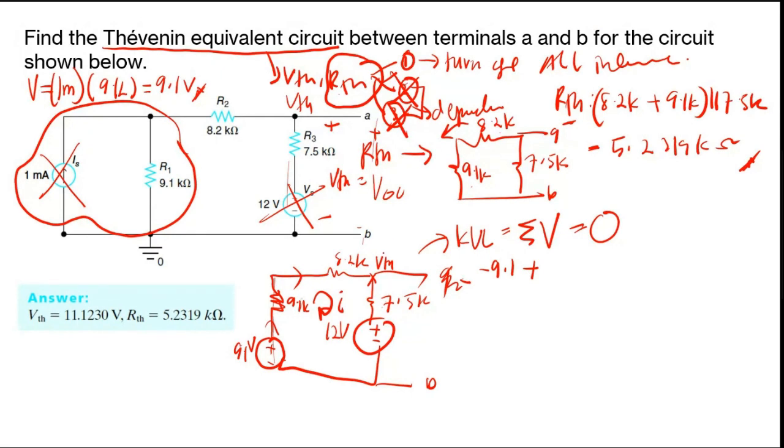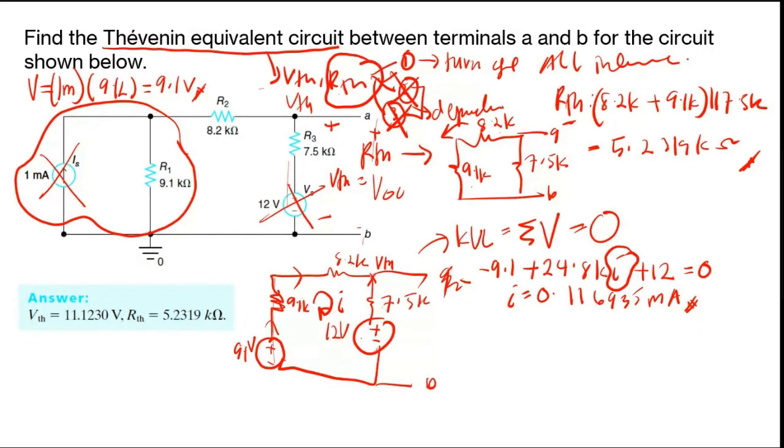When you add 9.1, 5.2K and 7.5K, you find that the resistance is 24.8 kilo, times I, plus 12 volts, equal to 0. So now you can easily find the value for I, which is 0.116935 milliampere.